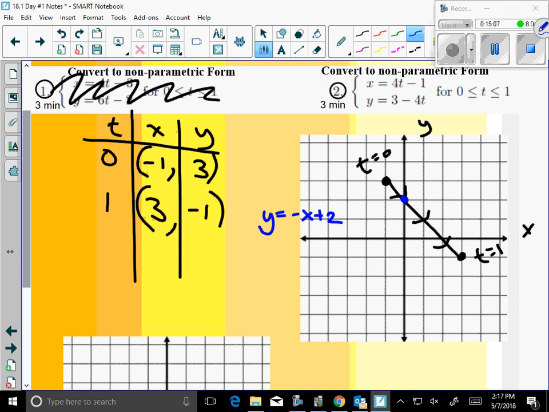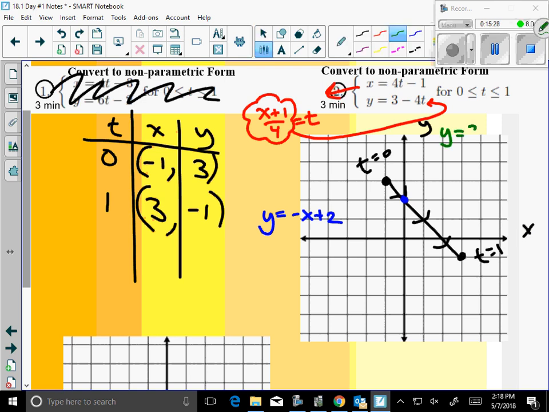The other way we could do it is to solve for t. It looks like a little bit more work. If I solve for t here, I get x plus 1 over 4. And then if I plugged x plus 1 over 4 in for t over here, well, that wouldn't be that bad.